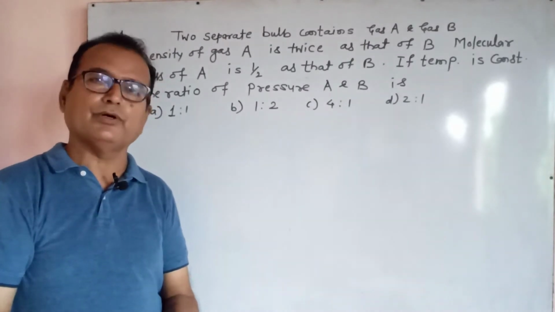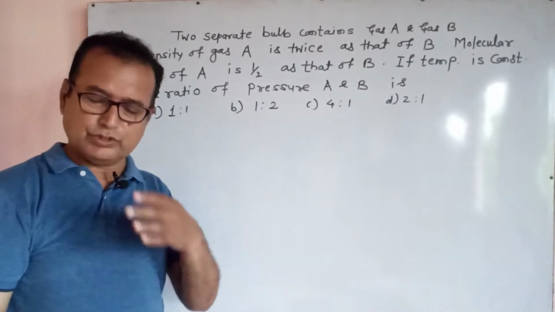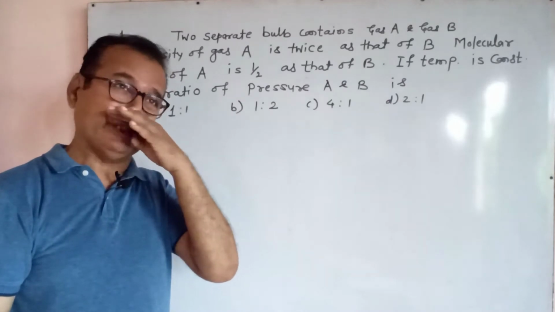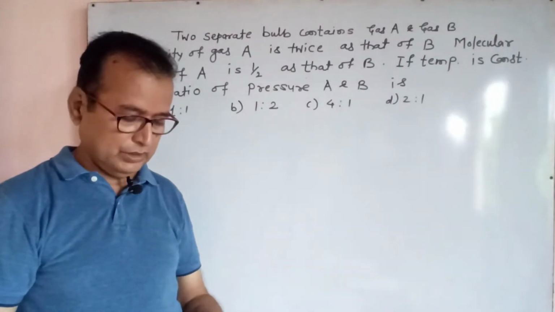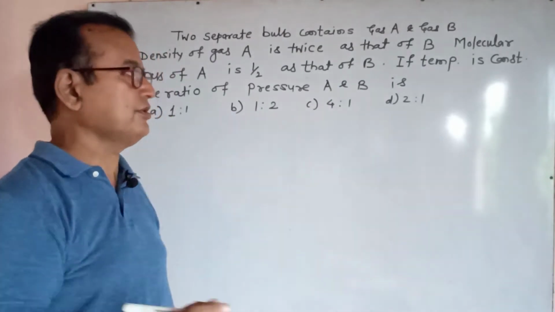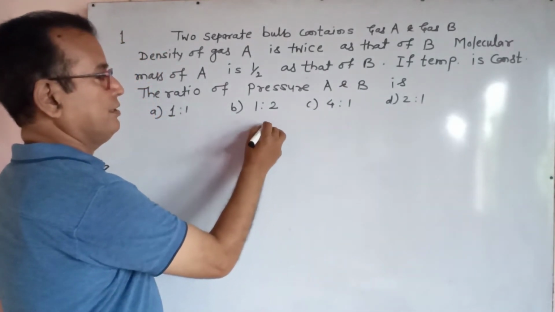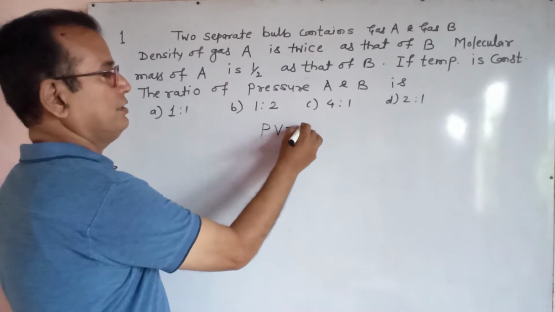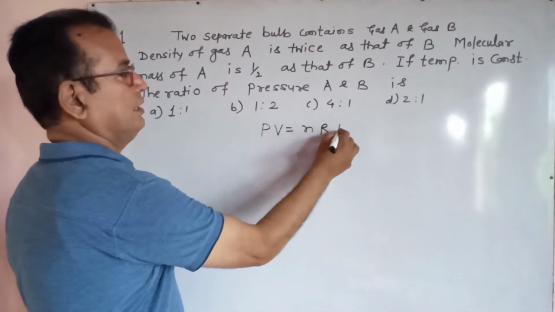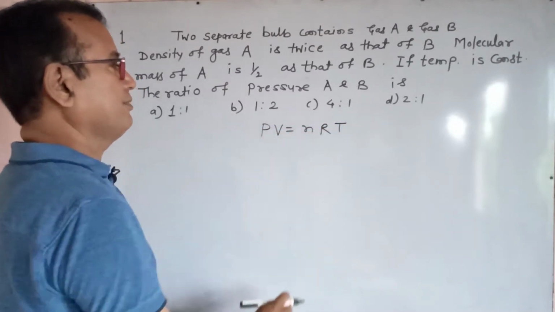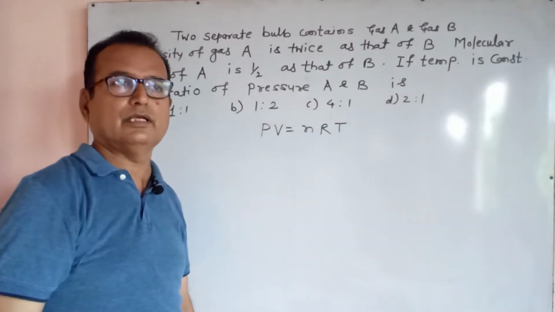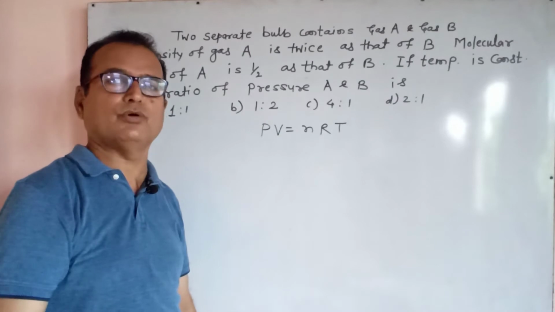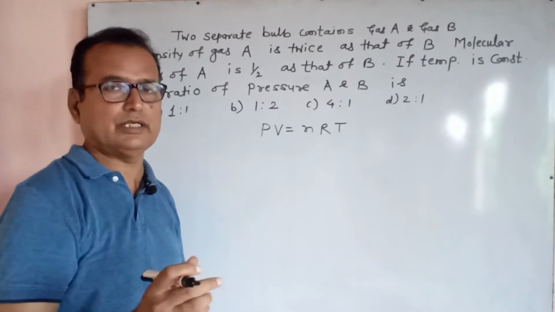It is one of the important parts, the formula which is to be derived with respect to the gas law. You know that the general gas equation is PV equals nRT. n is the number of moles of gas, obtained by dividing the given mass of a gas by the molar mass of that gas.